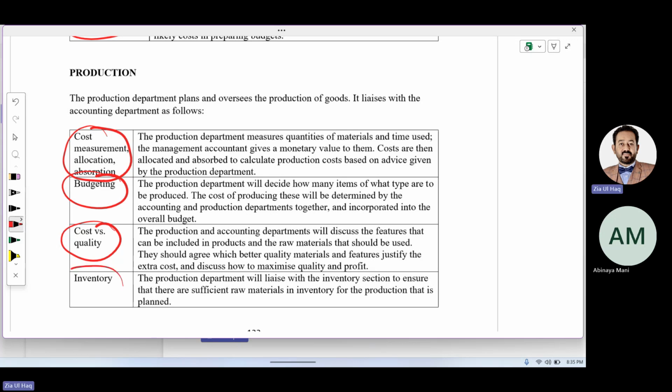And inventory: how much inventory they have produced during the year, how much inventory is left, how much is in work in progress, how much is in finished goods. It's with the production department, but the accounting department needs this information so they can calculate inventory, because the amount is different for finished goods and work in progress.